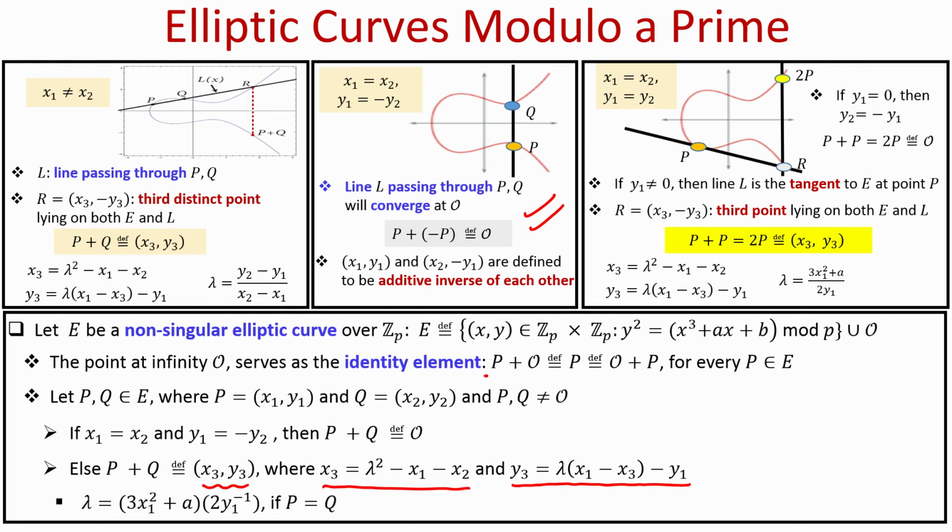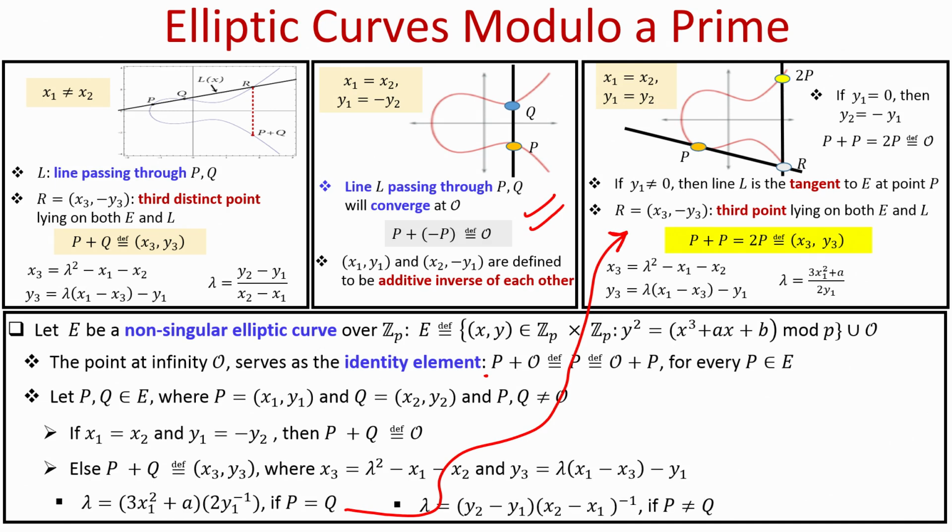And the lambda will be computed in a different way for 2 sub cases. If P is equal to Q, then lambda is defined in this way, namely 3 x1 squared plus a multiplied by the multiplicative inverse of the element 2 times y1, and this basically corresponds to the case that is how we have defined the (x3, y3) for the real number case.